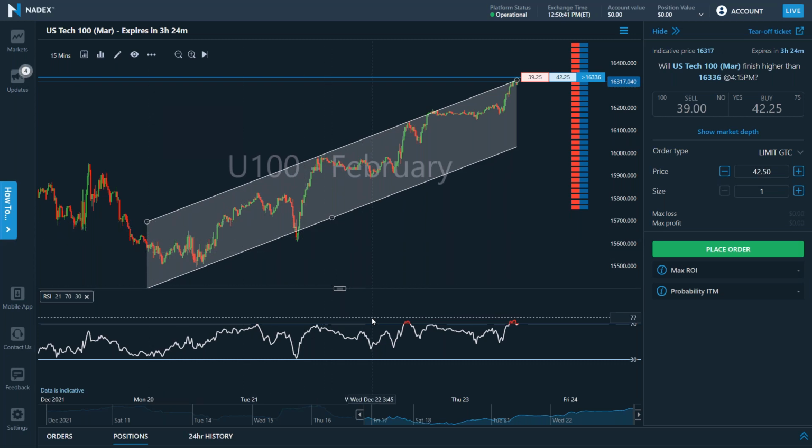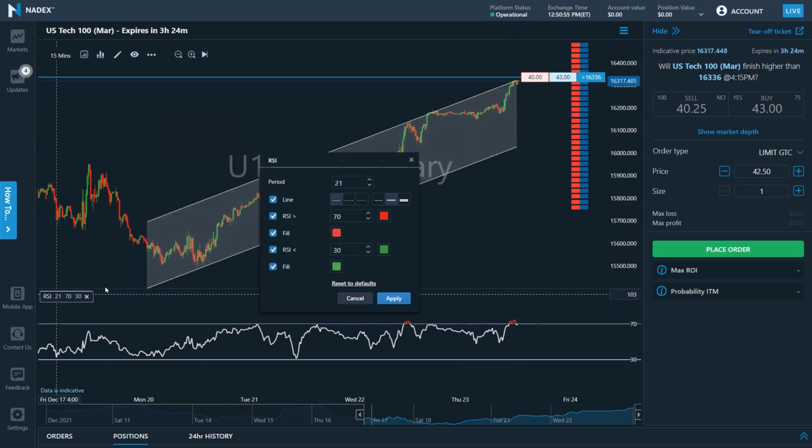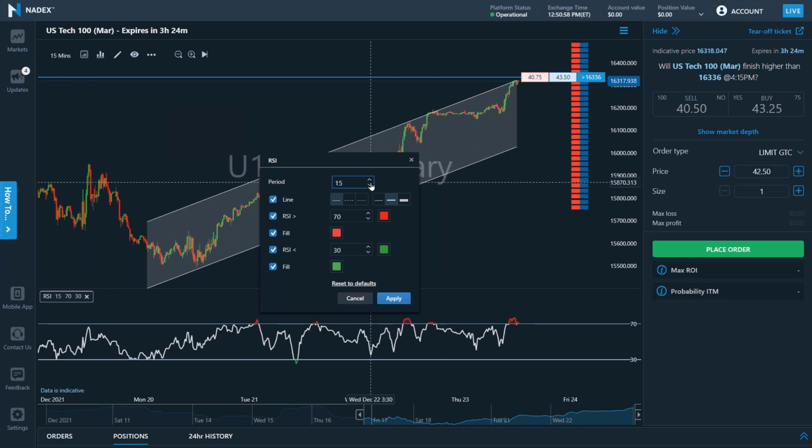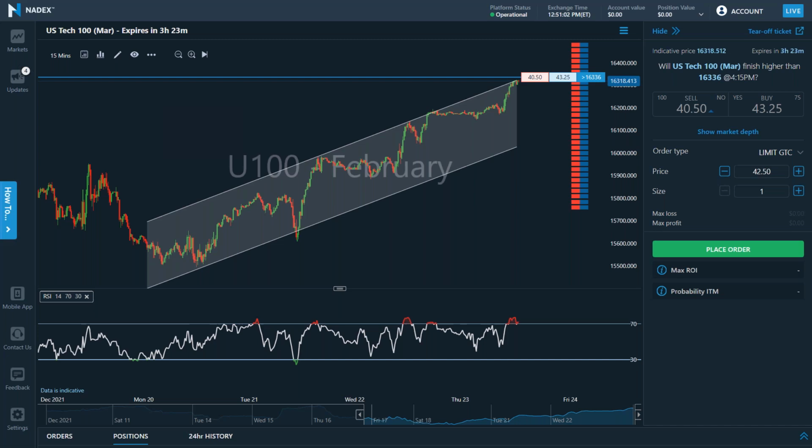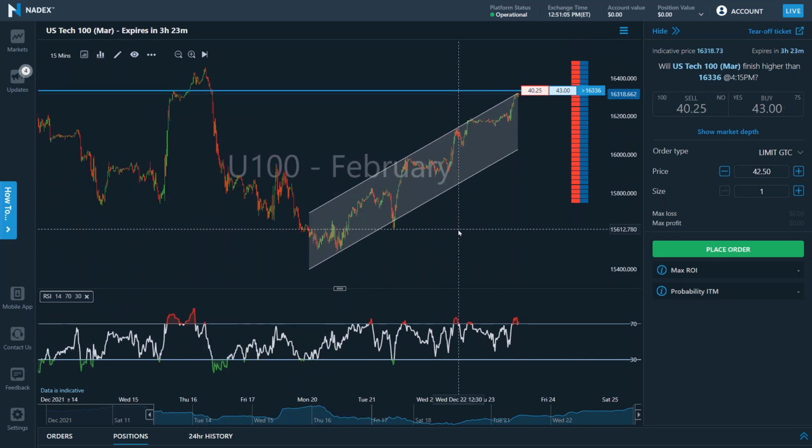But again, you can see how adjusting your time frame might make a difference on how you set up your indicators. So right now, according to the channel, we're at the top end of a channel, and we're hitting relative strength. Let's put this back to 14 on the standard. Some people might say, hey, here's a selling opportunity. I'm not making a recommendation. I'm just saying this is how some people would read it.